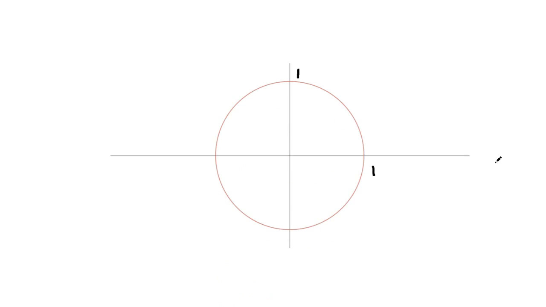The graph of x squared plus y squared equals 1 is a circle of radius 1. Here's the graph of the circle of radius 1.